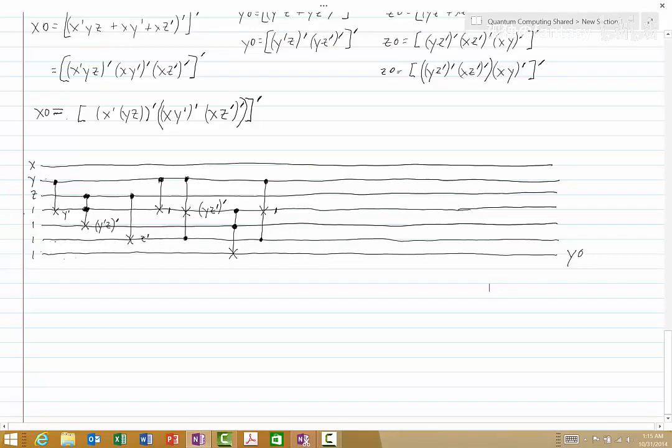Now that we've created our output, to the right of the output we just go in backwards order through everything that we've done. It may be a little redundant, and there may be some things in there that we don't need, but if we do that, we'll make sure to reverse everything and return all of this to 1. So here again is our result of Y0.